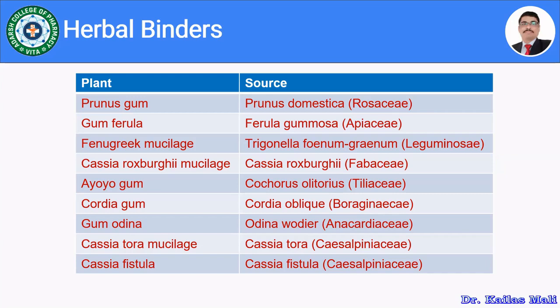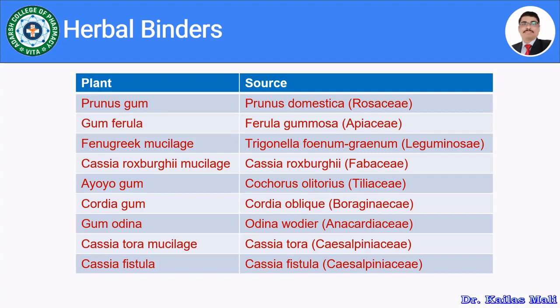Then Cassia roxburghii mucilage, which is obtained from Cassia roxburghii belonging to family Fabaceae. Then Ayoyo gum, which is obtained from Corchorus olitorius belonging to family Tiliaceae. Then Cordia gum, which is obtained from Cordia obliqua belonging to family Boraginaceae.